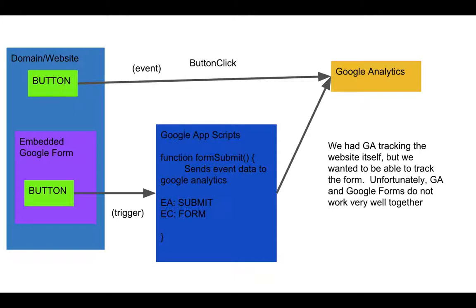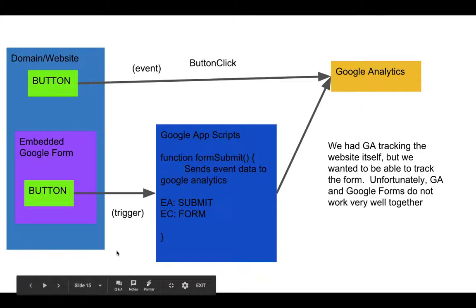But with our site, we had an embedded Google form that had a button on it. So Google Analytics wasn't actually tracking this button because the embedded form is a separate entity from the website. And strangely enough, Google Analytics and Google Forms don't really work very well together.